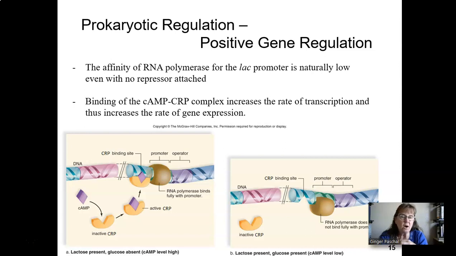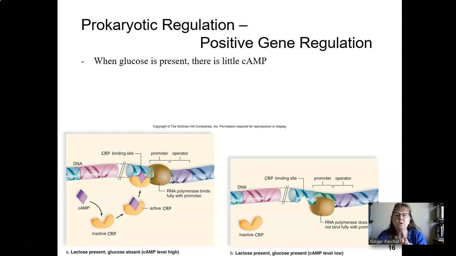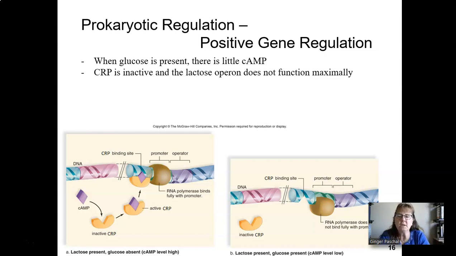That's why this is called positive gene regulation. So when glucose is present, there's little cAMP. So glucose is up, cyclic AMP is down, and the reverse is true as well. So CRP is inactive and the lactose operon does not function maximally. It'll work, but it doesn't work at its maximum capacity.